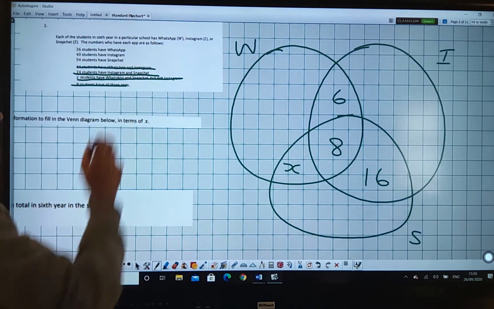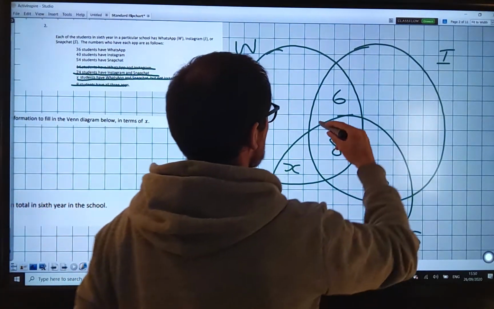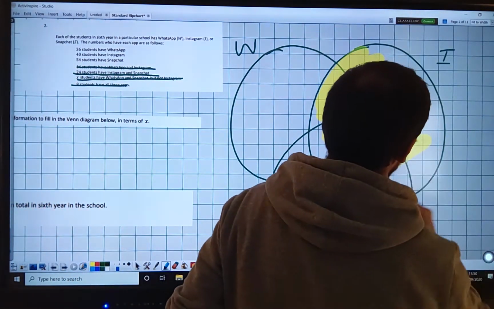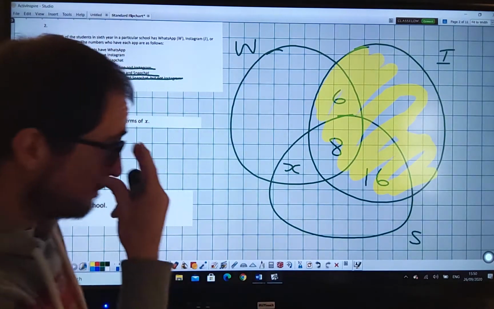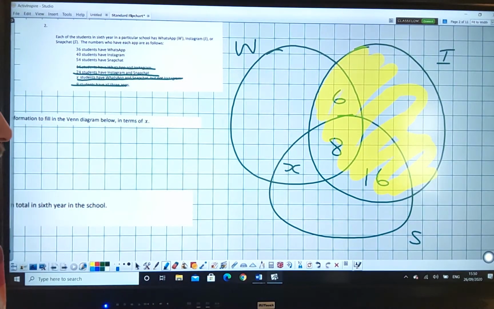So, the next part then. 54 have Snapchat, 40 have Instagram, and 36 have WhatsApp. So, we start with Instagram. If 40 have Instagram, that's this whole area here. But 6, 8, and 16 are already included in that 40.